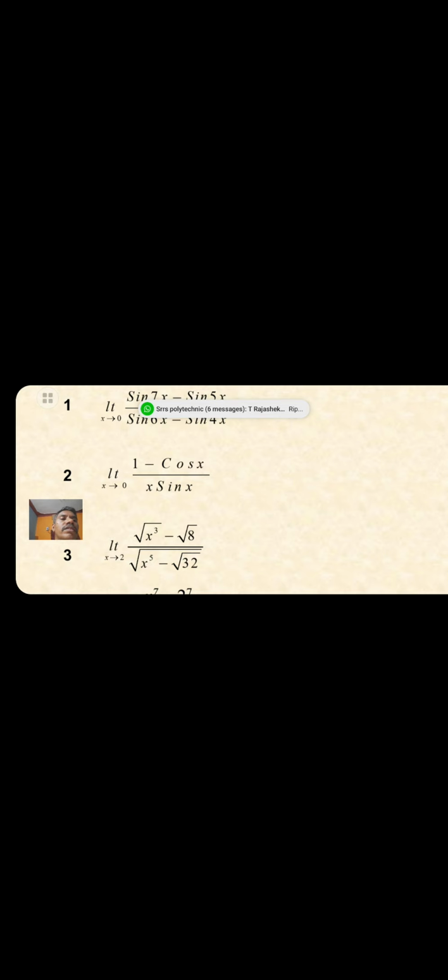In the same way, root 8 means 2 power 3 by 2. Like that, the denominator also. So then it is in the standard form, then you can apply the formula and write the value.